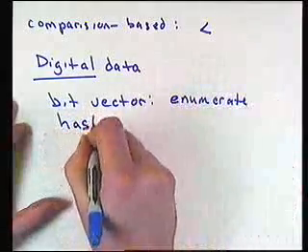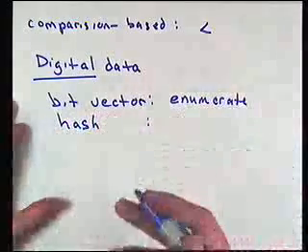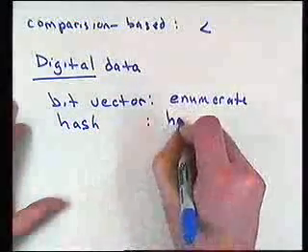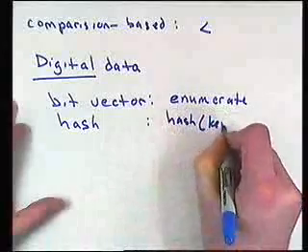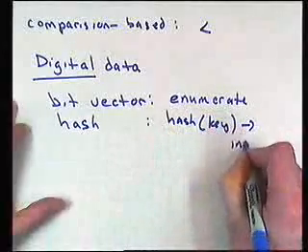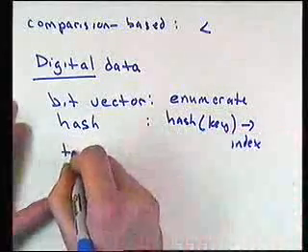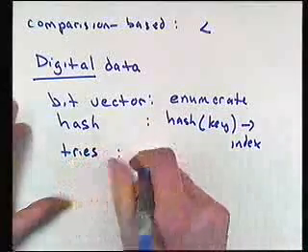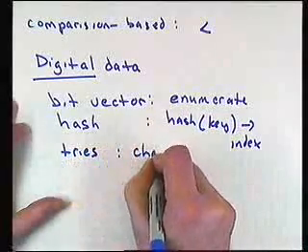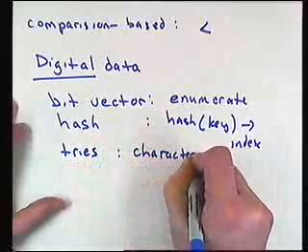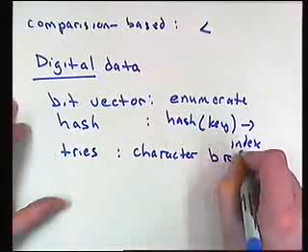And we looked at hash functions, which said we're not really worried about comparing one element to the next, but we are worried about hashing on the key to get an index. And now that we look at tries, the worry here is going to be being able to break down our type by character.